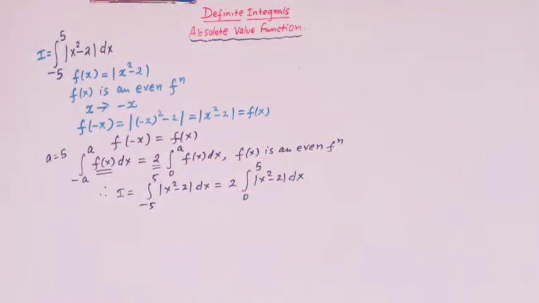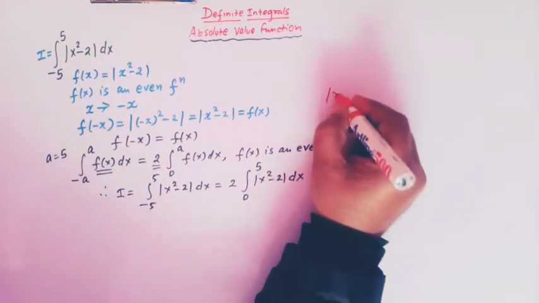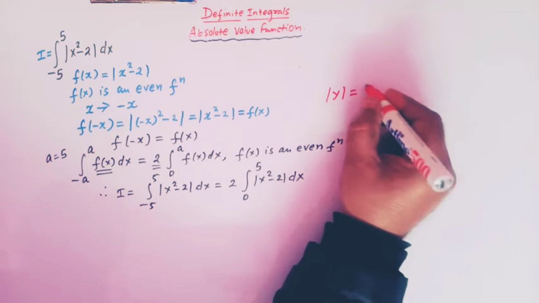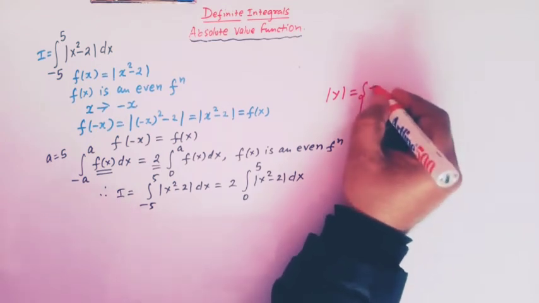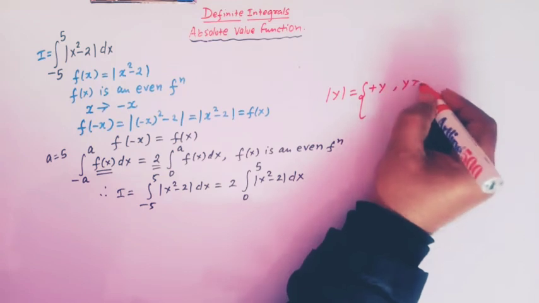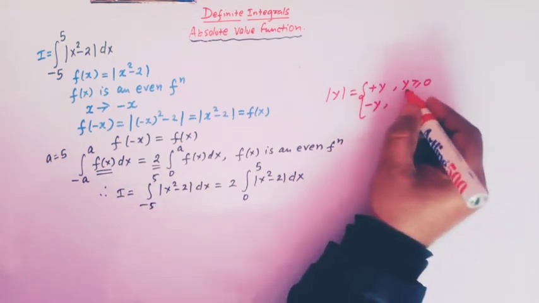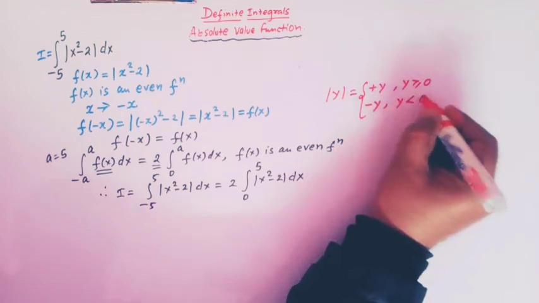Now we'll make use of the definition of the absolute value function. The mod of y is equal to positive y whenever y is greater than or equal to 0, and minus y whenever y is less than 0.